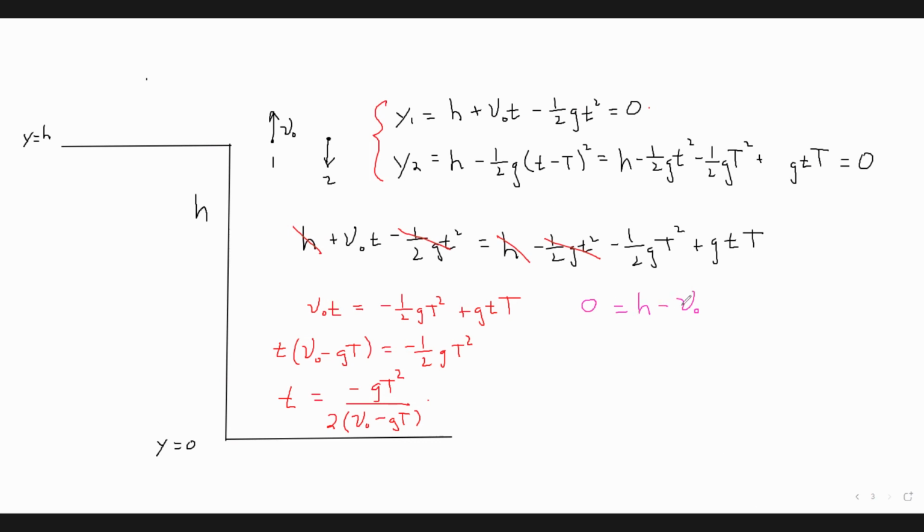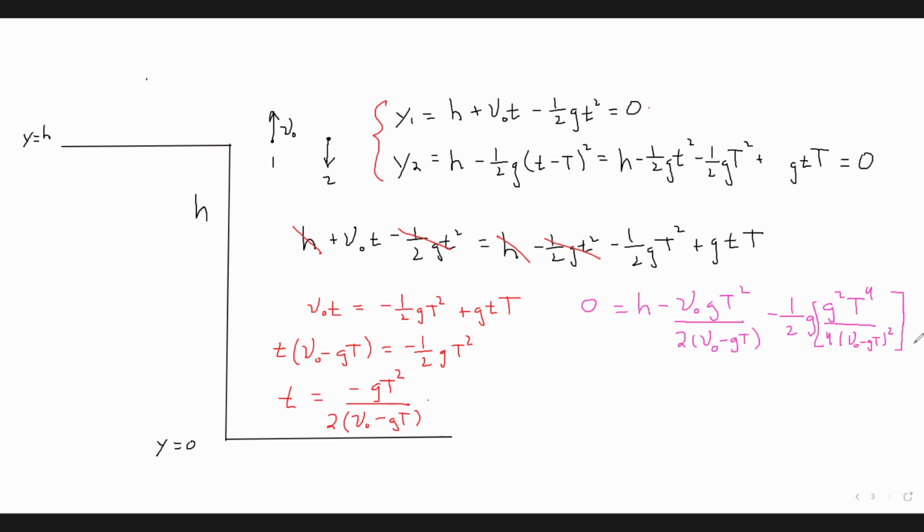So minus v0 times g capital T squared divided by 2 v0 minus gT. And now we get minus 1/2 g, and we have to square this. So we get g squared T to the 4th divided by 4 times (v0 minus g capital T) quantity squared.